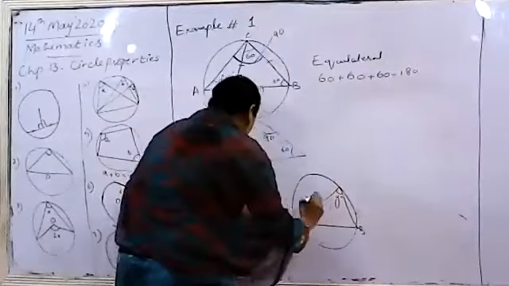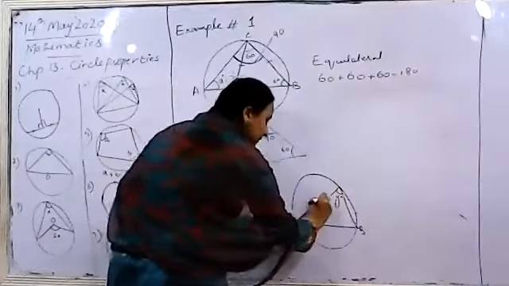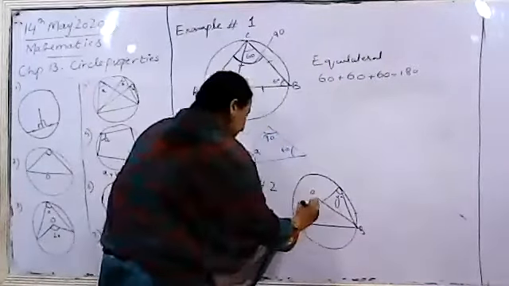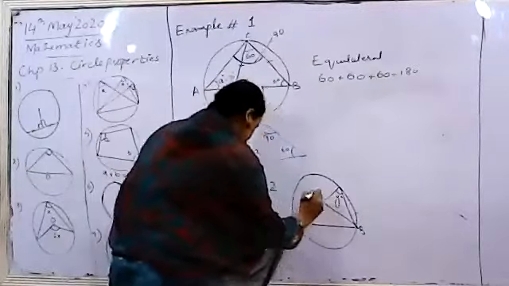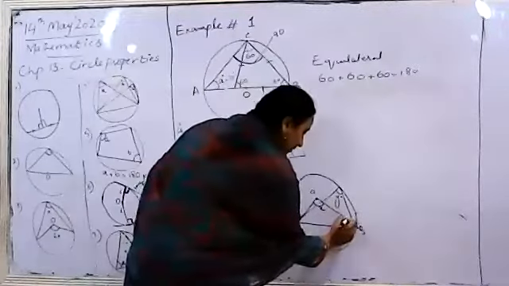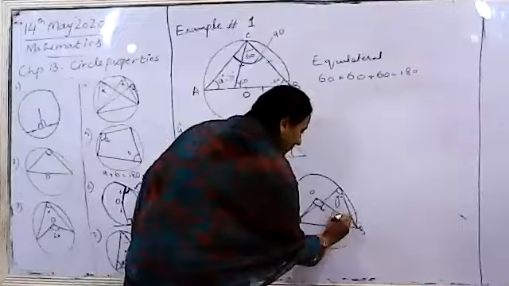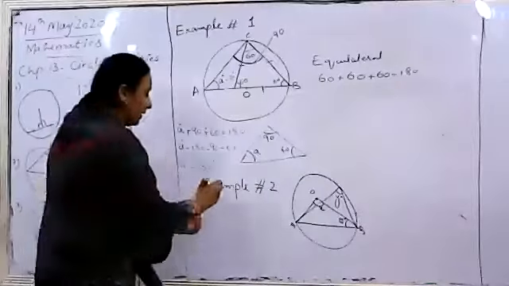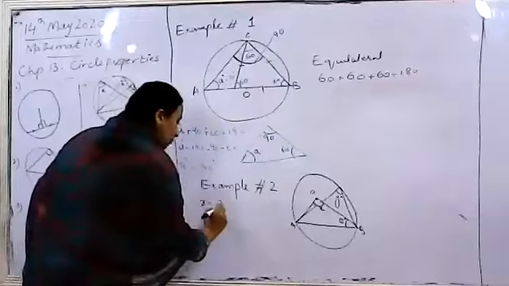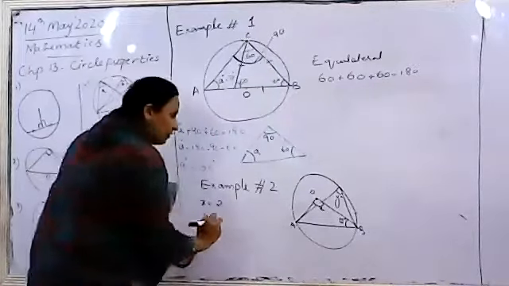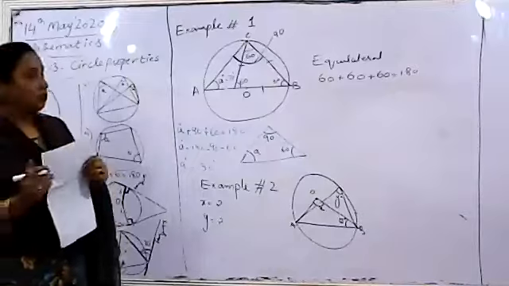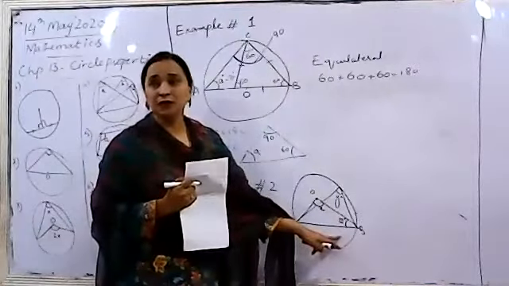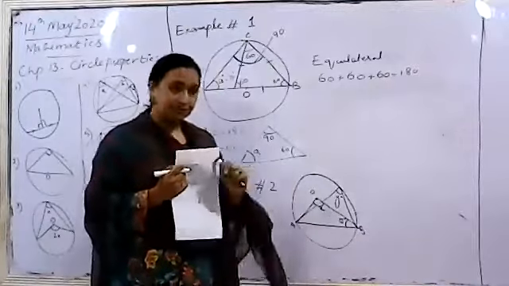This is Y, and the angle made at the center, this is the center of the circle, is going to be X, right? And this angle is going to be 35, right? Now students, I marked two angles, X and Y, which you have to find out, and the only angle given to you is 35. This angle is 35 degrees, right?